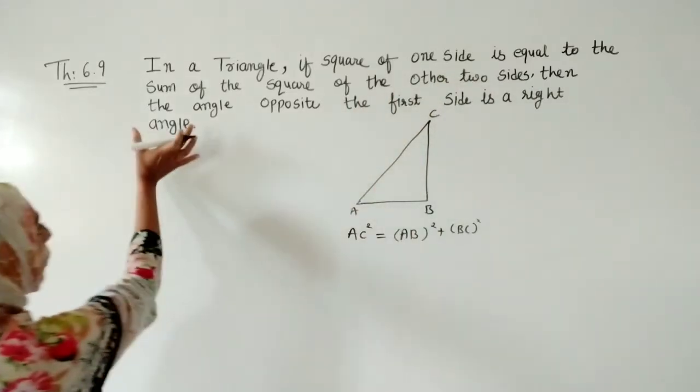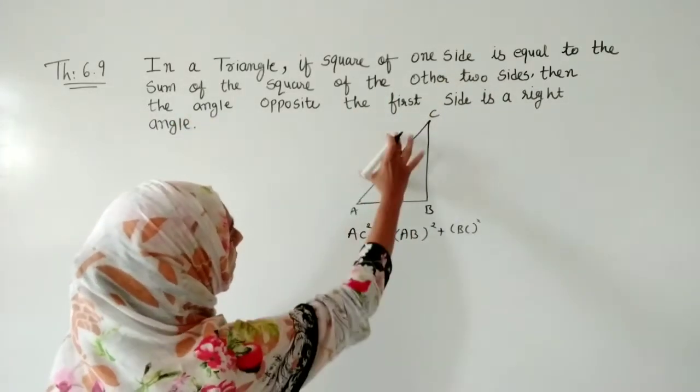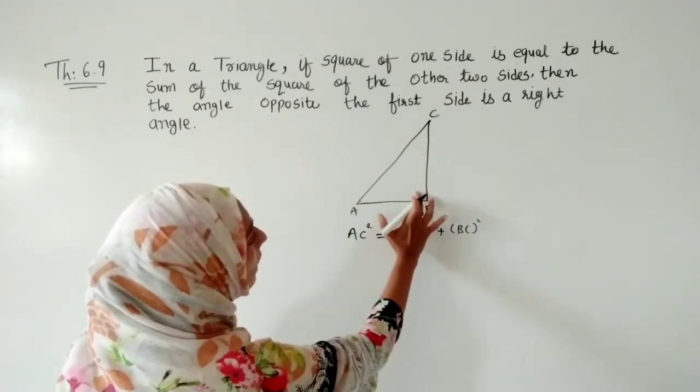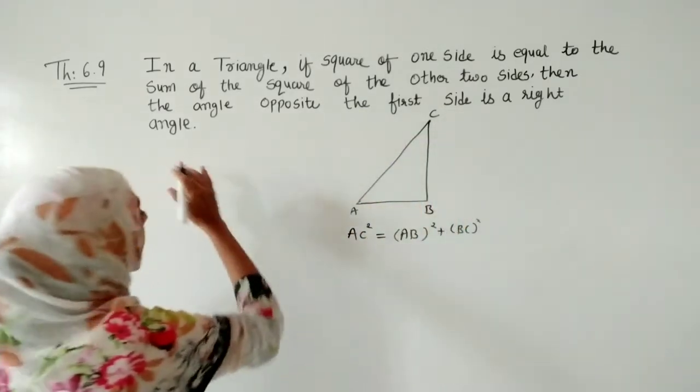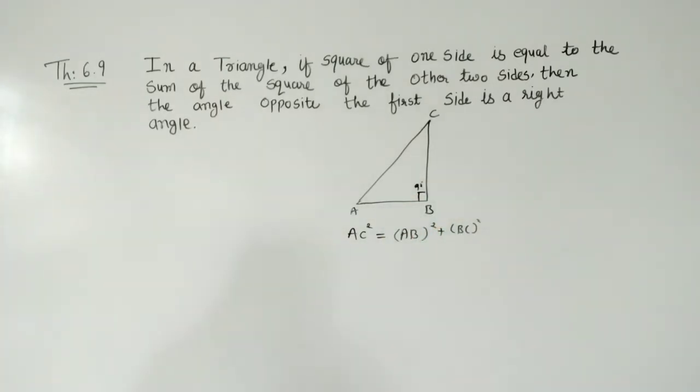Then we have to prove that the angle opposite to the first side, which was AC, is angle B, and that it is a right angle. That means we have to prove angle B is 90 degrees.